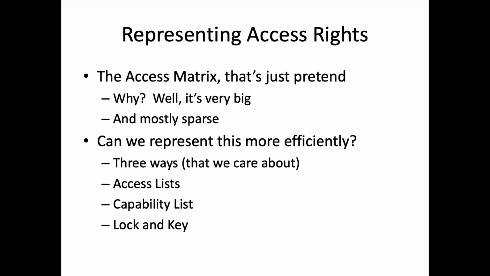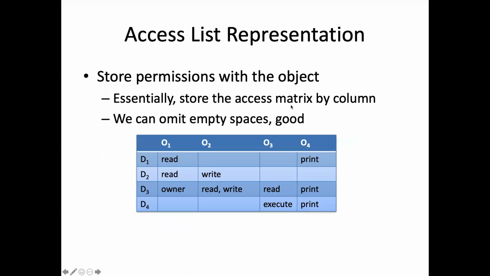An access list is the idea that instead of storing protection information in one giant table, we'll store it in a list of who can access each object. So for each object, we'll record a list of who can access it along with what access rights they might have to it.